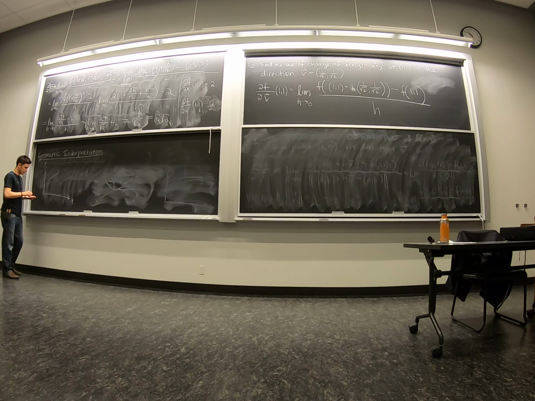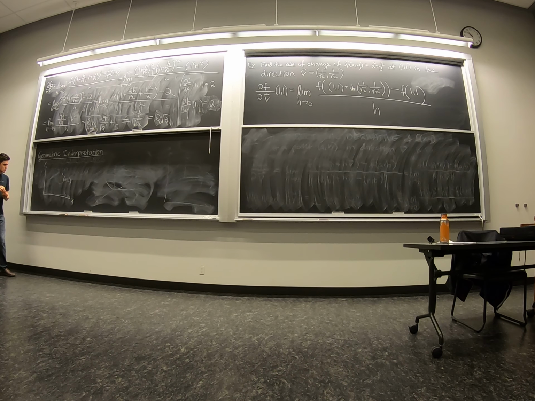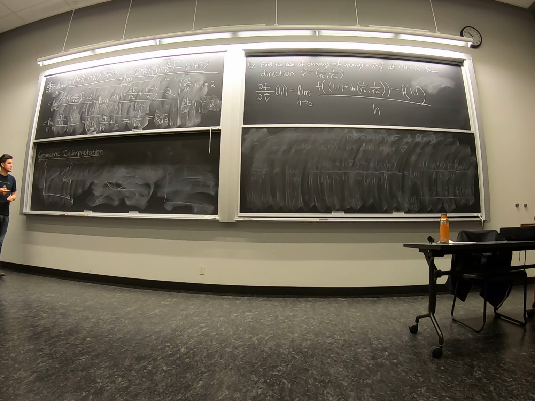Okay, so if we've got a point AB, and we fix a direction v, then we can imagine a path that passes through the point AB in the direction v.